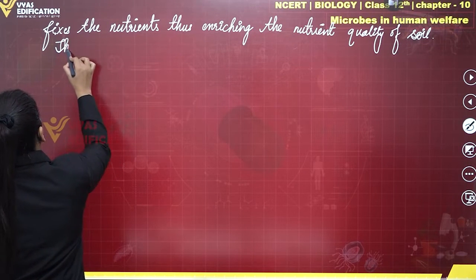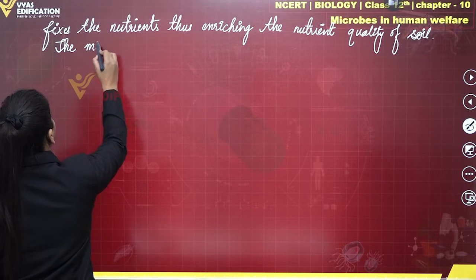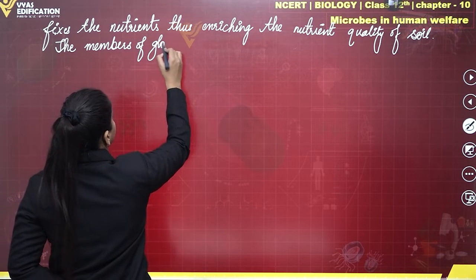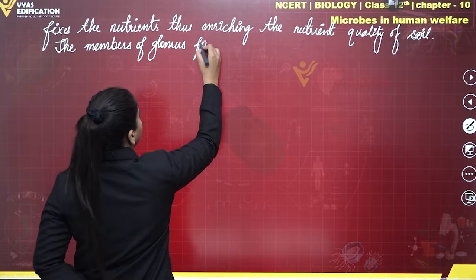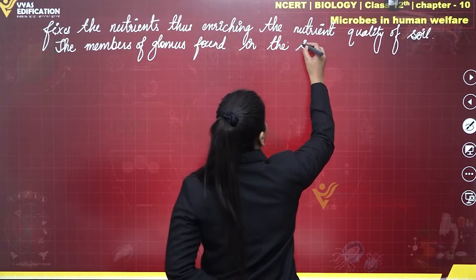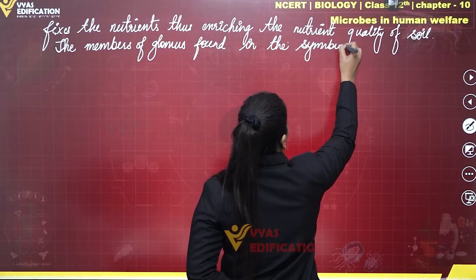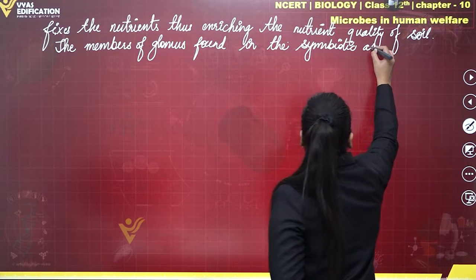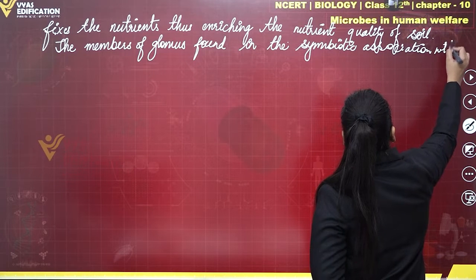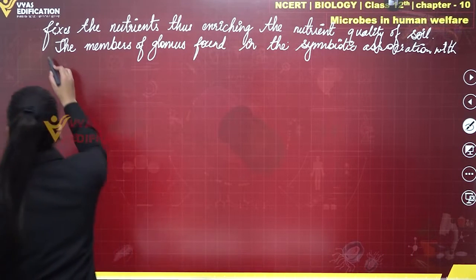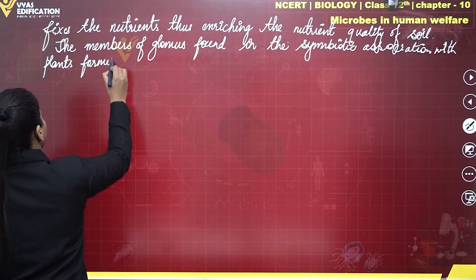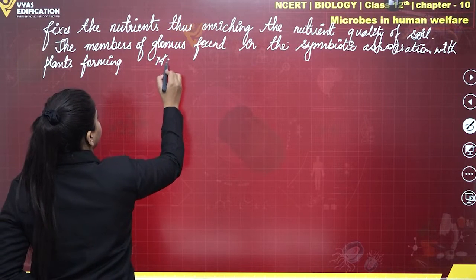So the members of Glomus are found in symbiotic association with plants, forming mycorrhiza.